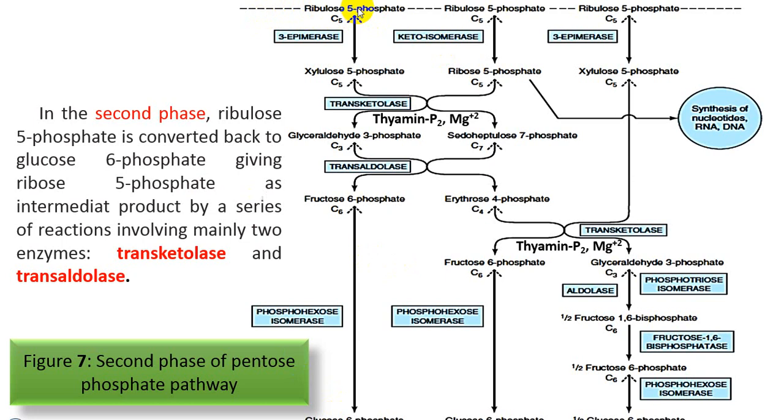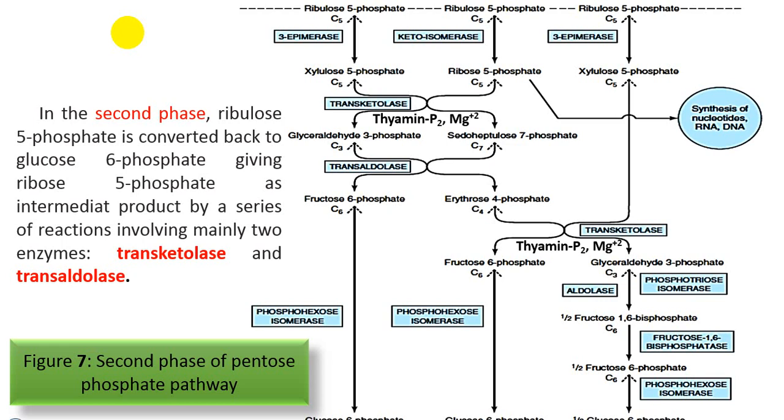During synthesis of ribulose 5-phosphate, there is formation of 2 molecules of NADPH, a reducing agent, and this is very important to keep the glutathione in the reduced form. And we have seen the function of the reduced form of glutathione, for example 2 functions in the RBC, in addition to removing toxic compounds like hydrogen peroxide.